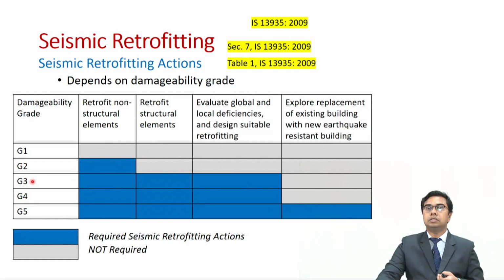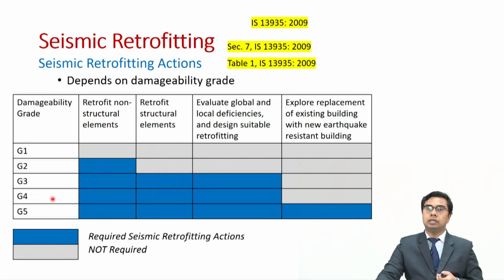In case of damage grade G3, that is high or heavy damage, we shall be retrofitting non-structural as well as structural elements. We will also evaluate global and local deficiencies and design some suitable retrofitting.